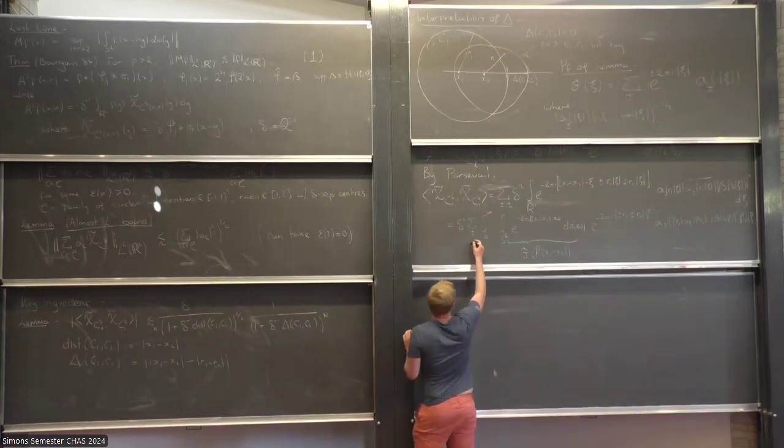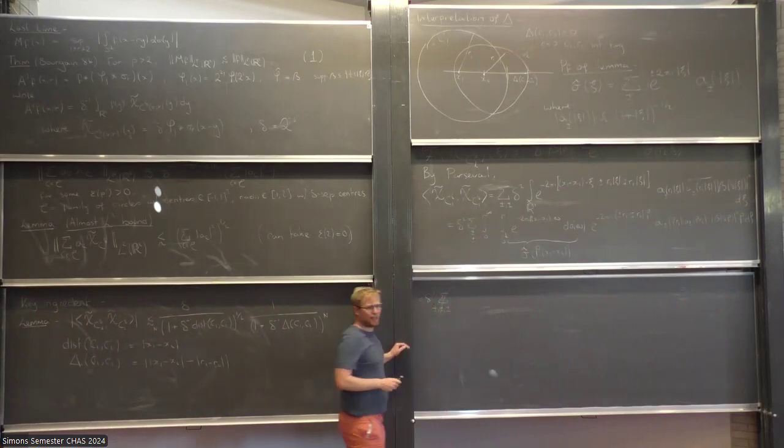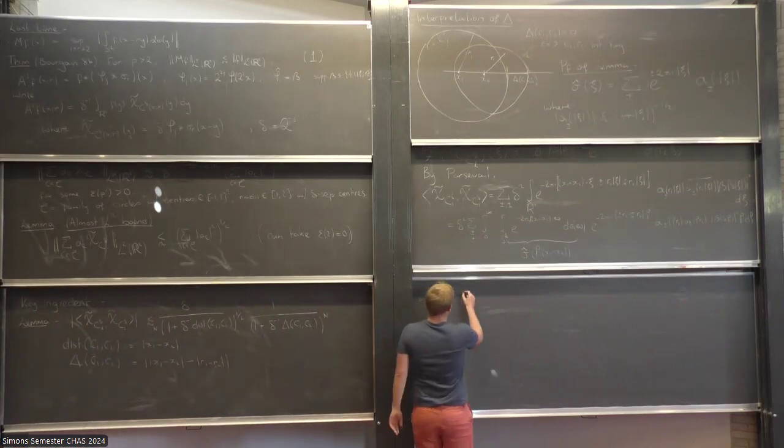Now, plus minus, and now we're going to have three independent choices of sign. And we're going to have an integral now just in rho.